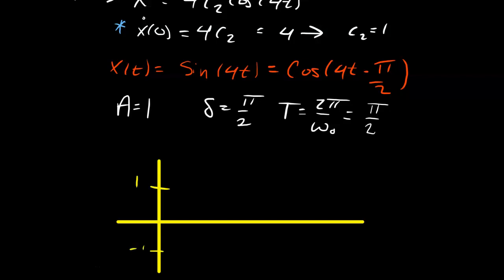So the amplitude is not the total difference, but just from the equilibrium, from the middle. In this case, the period tells you it's going to do a full circuit every pi halves. And the phase angle tells you how much has been shifted off.